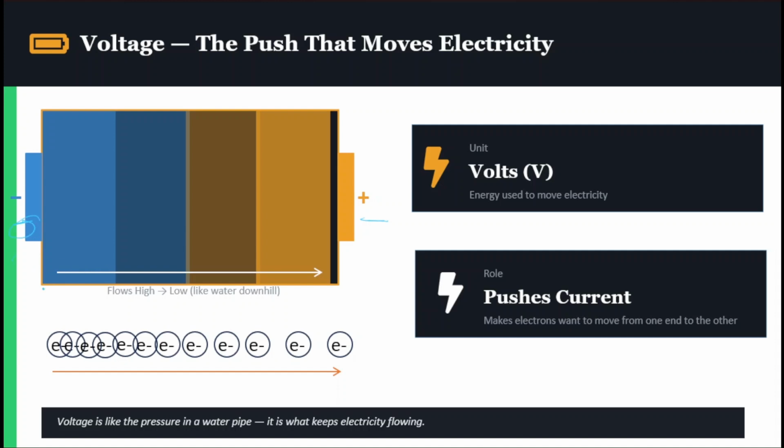So when will electricity flow? It will flow from one end to another if you exert a force. That force is known as voltage, which we will be learning. That pushes the electrons to move from this end to another end, from where more electrons are there to the place where fewer electrons are there.